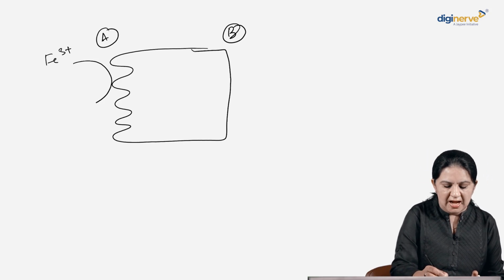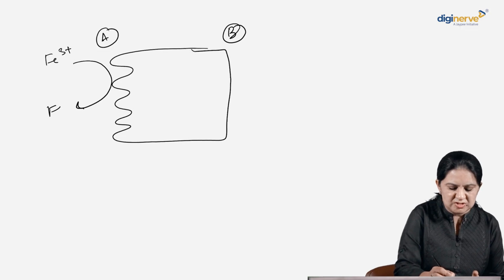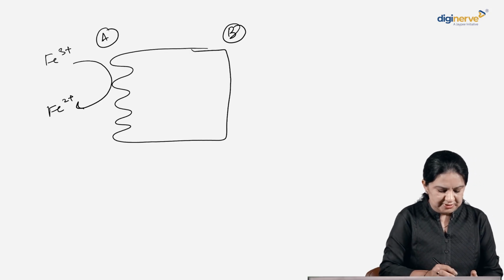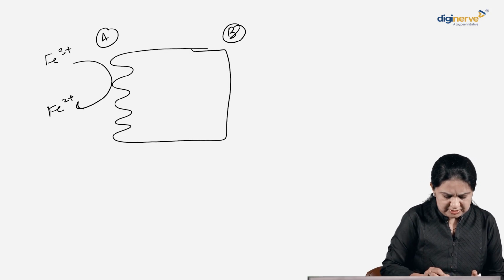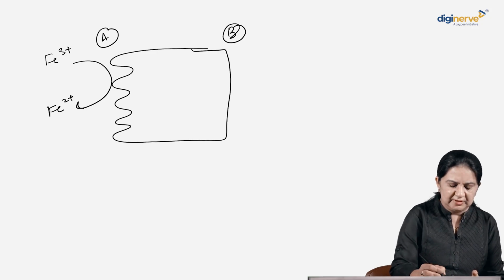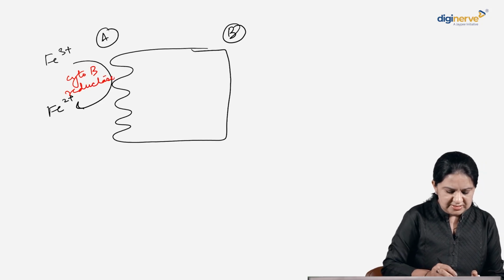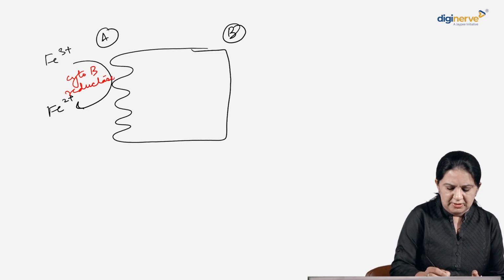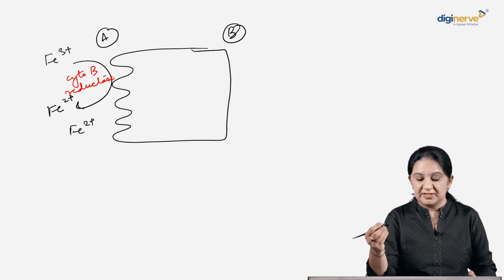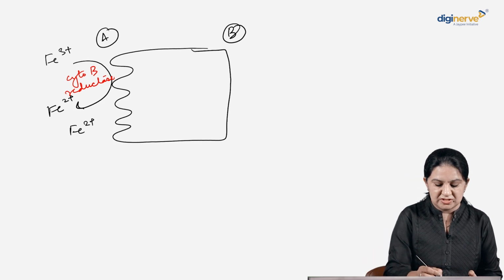This ferric form has to be converted to ferrous form to be absorbed into the cell. Now this ferric form will be converted into ferrous form with the help of an enzyme called cytochrome B reductase. All right. Now this iron is ready to be absorbed. This has to go inside the duodenal enterocyte.